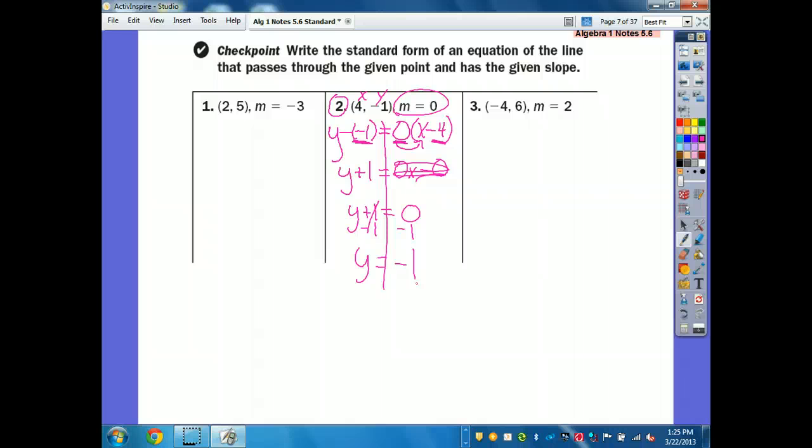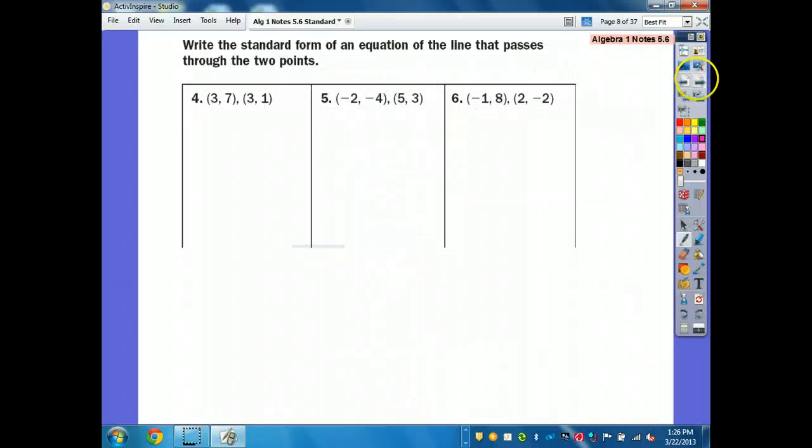Which one? Horizontal, exactly. So on your graph, it would be going down somewhere at a -1. y equals -1. Okay? So we can't even do the standard form on that one. It's done. That is it. All right, let's go to this next page.